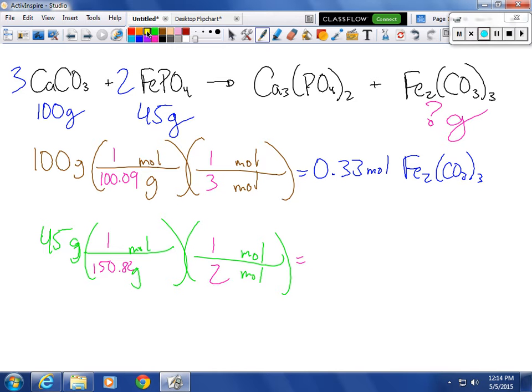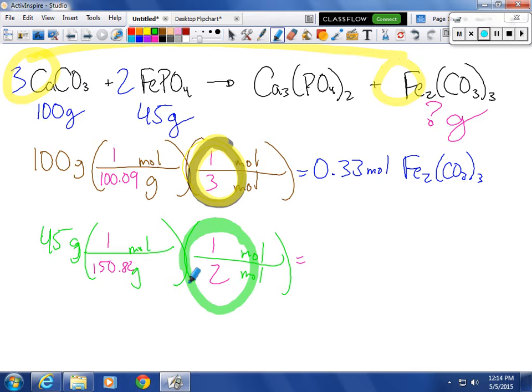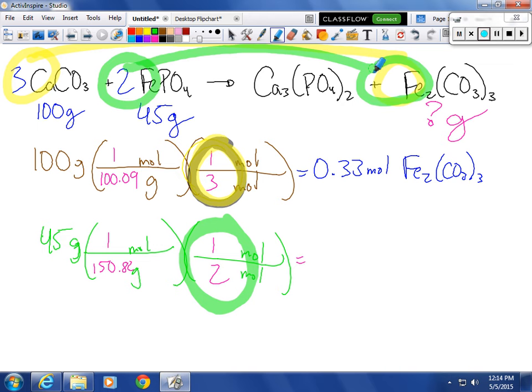All right, so just follow the colors. This came from here to here. That mole to mole came from 3 to 1, right? The green, this one came from the 2 to the 1.